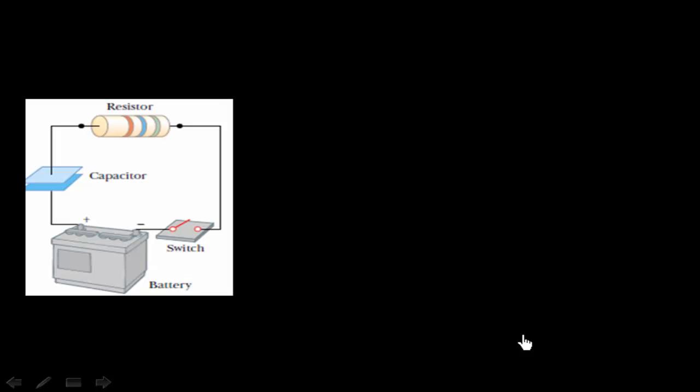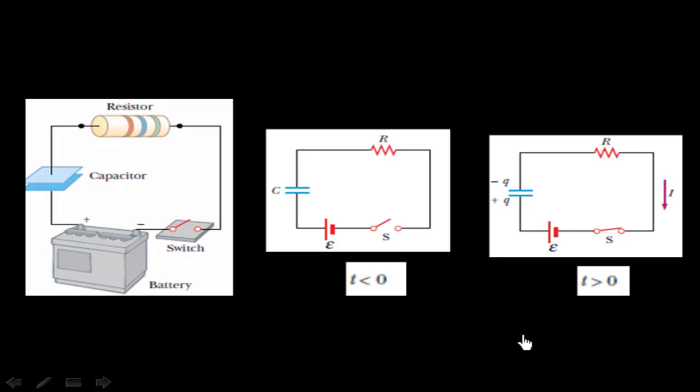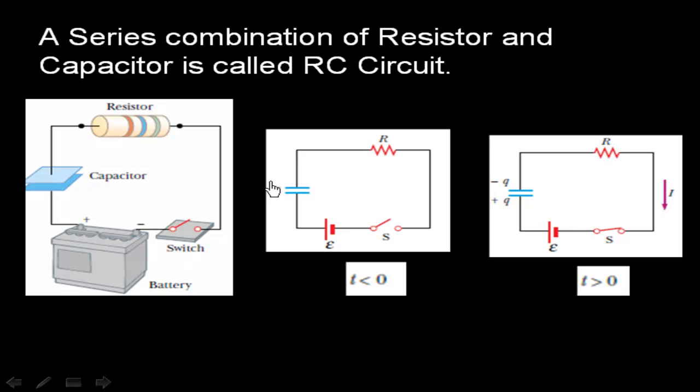So let us say we have the following representation for an RC circuit. First important point: in an RC circuit, this is a series combination of a resistor and a capacitor. If you have a resistor and a capacitor, you can connect them in two ways.